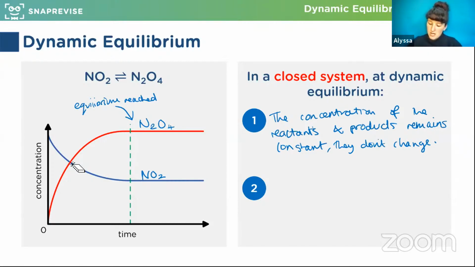Yep, very good. And so if our concentration of reactants and products are remaining constant, what do we know about the rate of the forward and backwards reaction in dynamic equilibrium? If the concentration of the reactants and products remains constant, what do we know about the rate of the forward and backwards reaction?